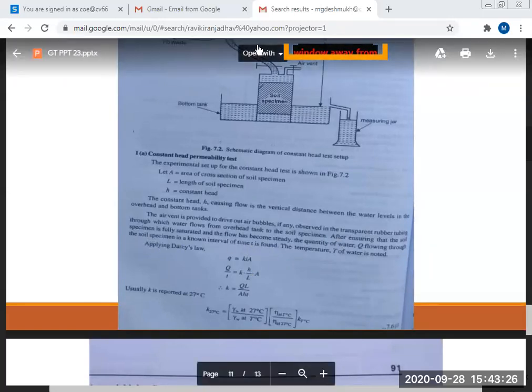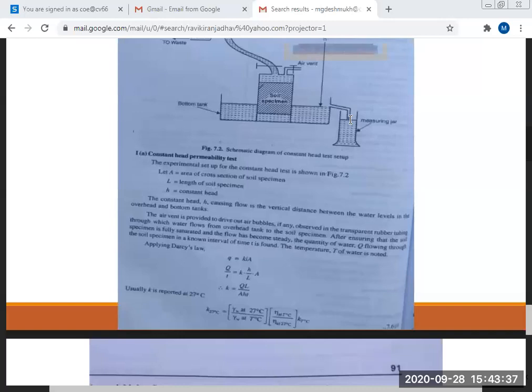So when this pipe is open, water will come through this specimen into the bottom tank. You did this in the FM lab. You take the stopwatch and decide a particular time, say 30 seconds.